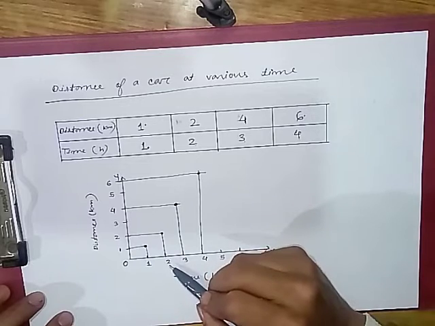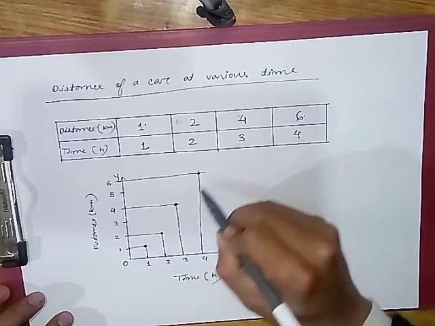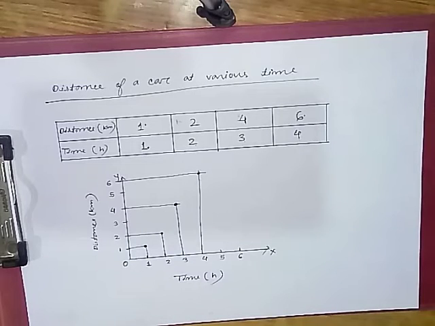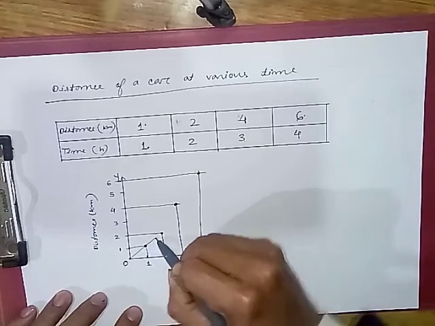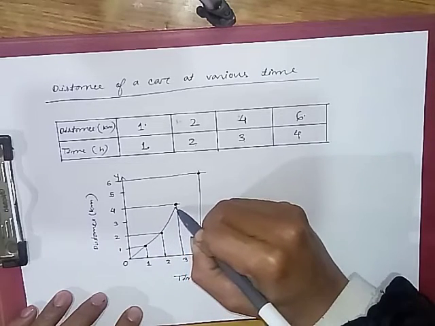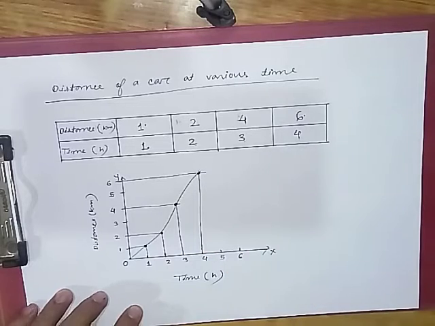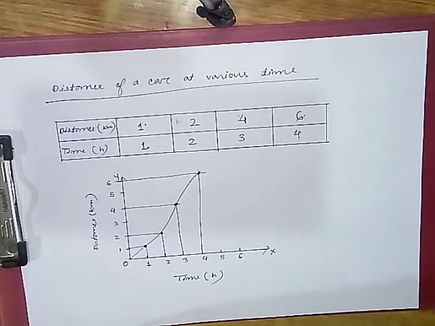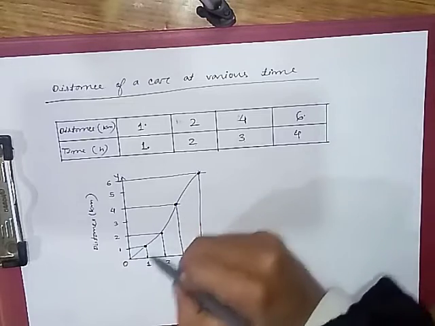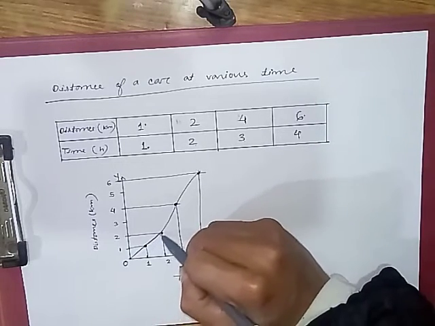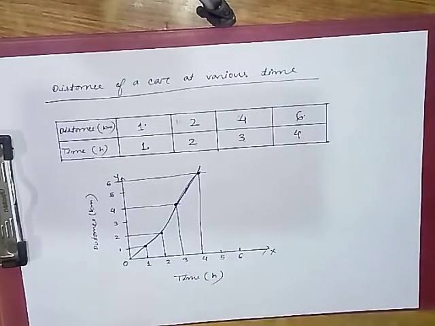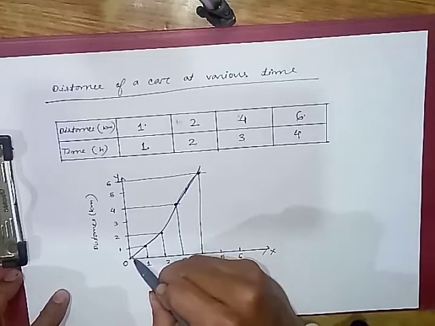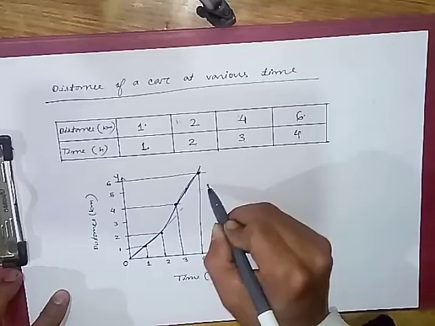So now if we try to join all the points, we will get a straight line or what? Let's see. Now join all the points. So what do we observe? This is not a straight line. This is a curved line actually. If it would be a straight line, it would go like this.